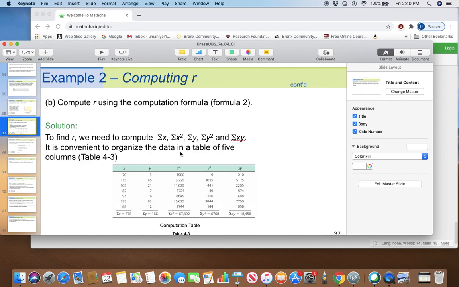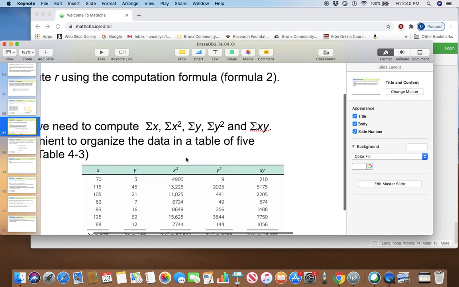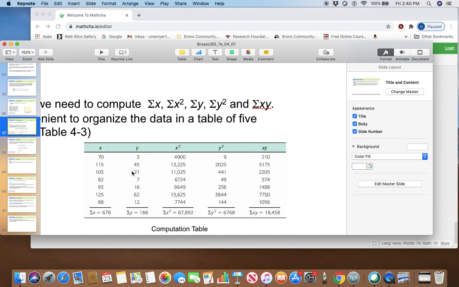All right. So here are the calculations. You have x values from the table, y values from the table. Now square each x value. Square each y value. Take x times y, multiply these. Once you have these, add them all up. That's summation x, summation y, summation x squared, summation y squared, summation xy.